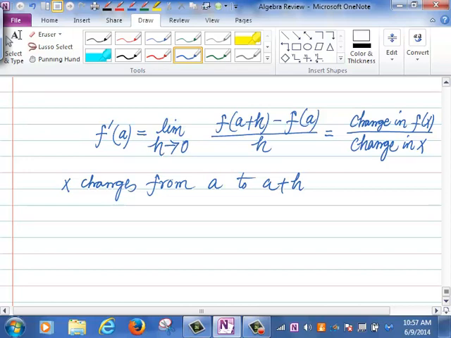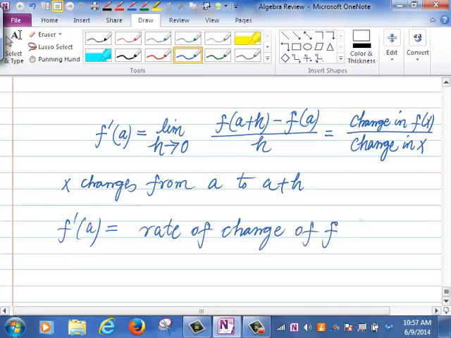So what is this giving us then? So then f prime of a, I can say this is the rate of change of f with respect to change of x.